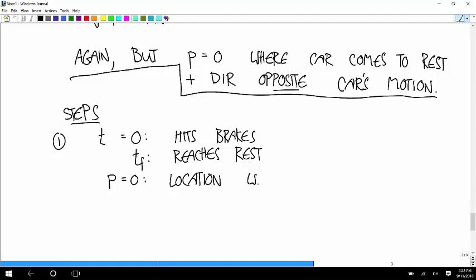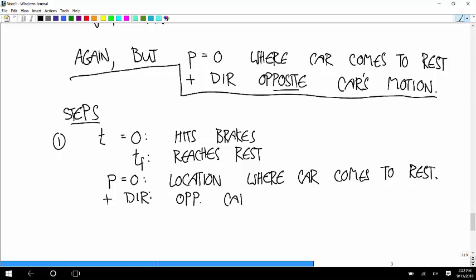That's the location where the car comes to rest. And the positive direction is opposite the car's motion.